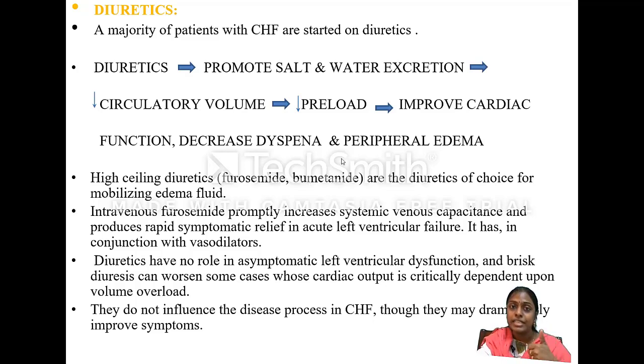One is high ceiling diuretics and the other is thiazide. The main example for high ceiling diuretics is furosemide. I will talk about the mechanism of action and everything in further classes, don't worry. The main drug for high ceiling diuretics is furosemide.